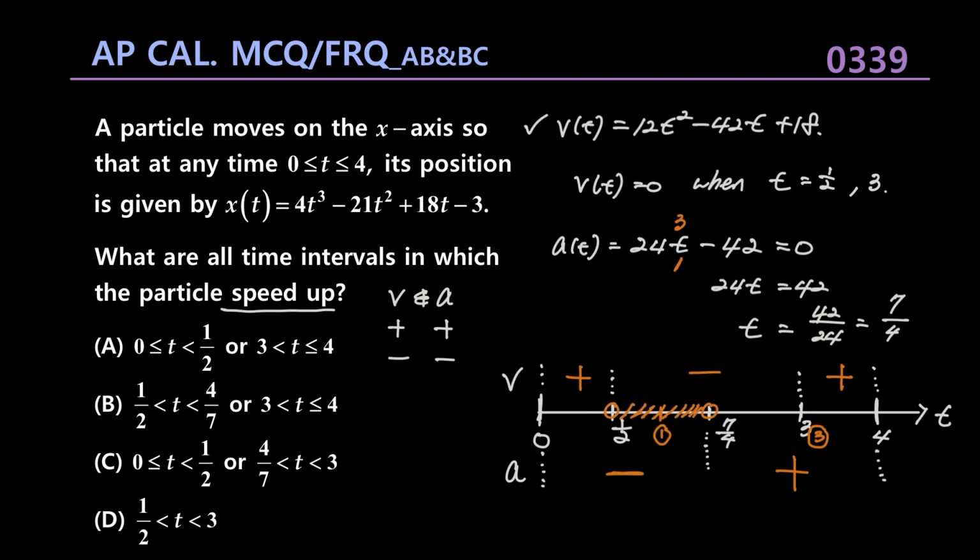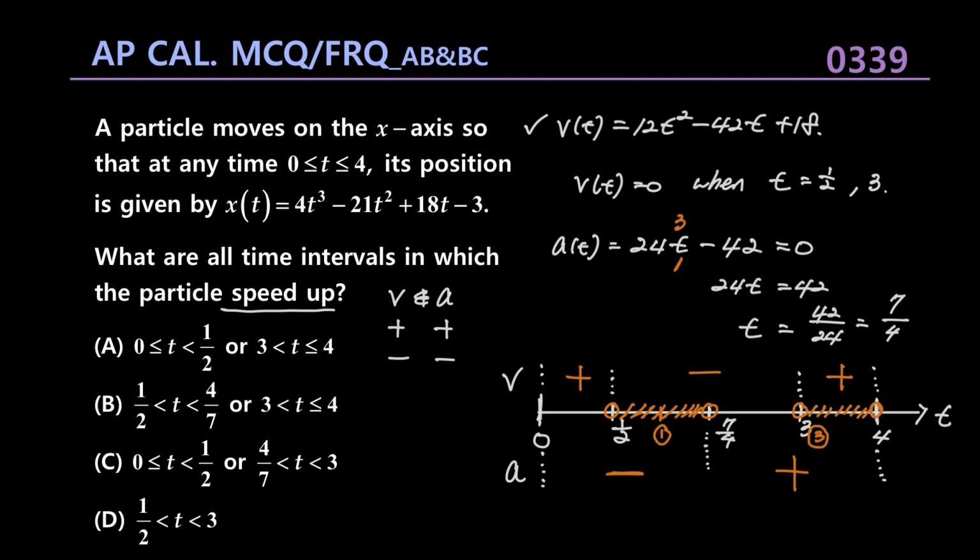In this interval right here, velocity is negative, but acceleration is positive. But in this interval right here, they're both positive, from here all the way to here.